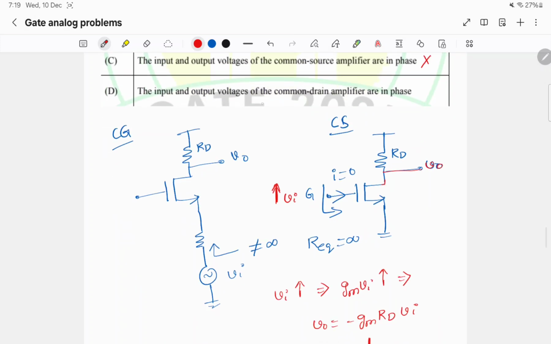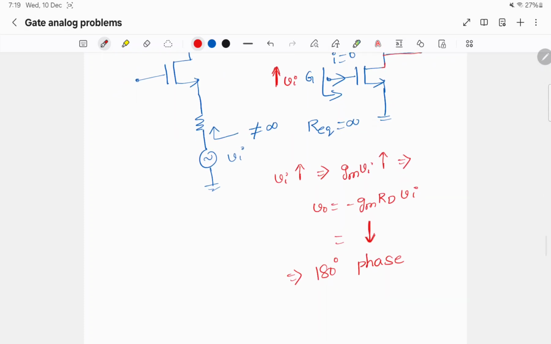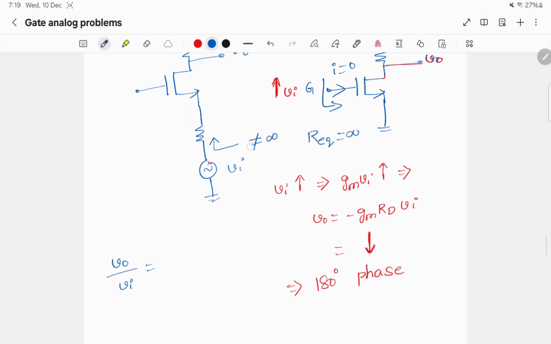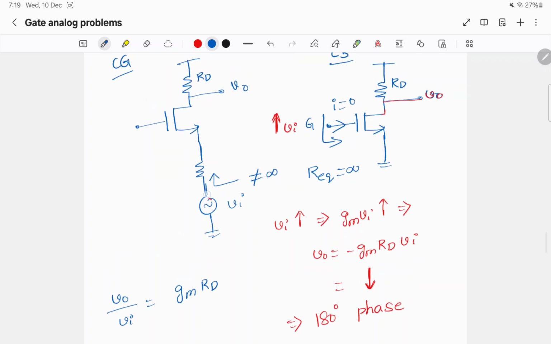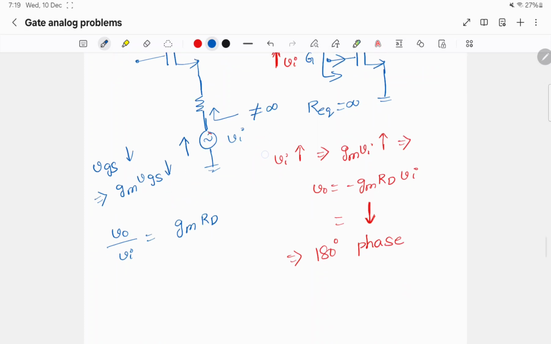The input and output voltage of the common drain amplifier are in phase. If I increase Vi, VGS will decrease. That implies Gm VGS will decrease.